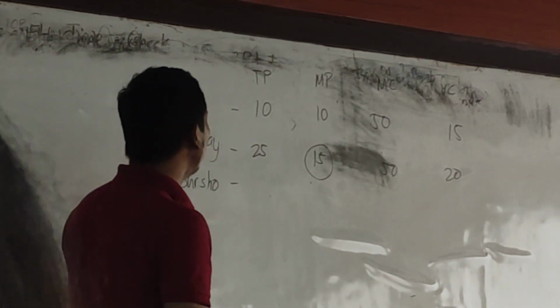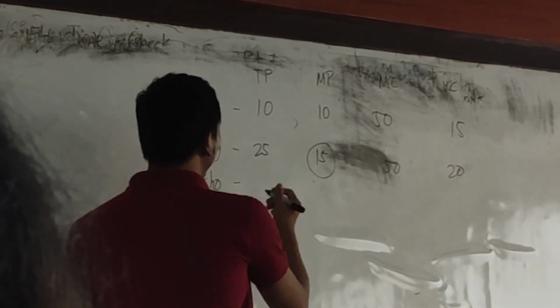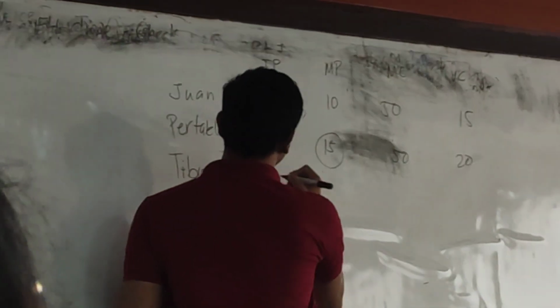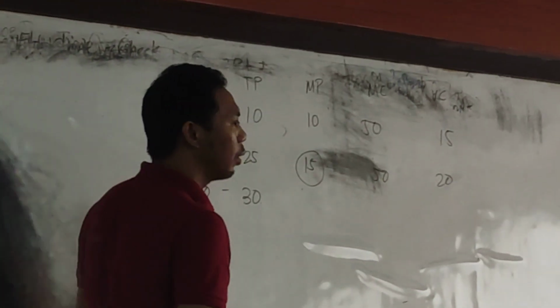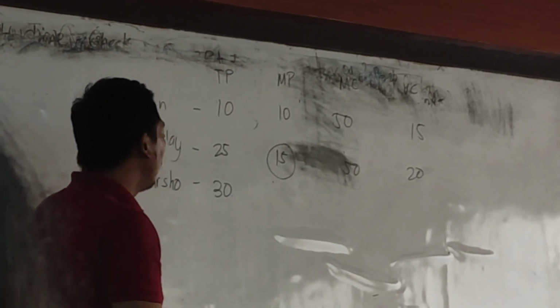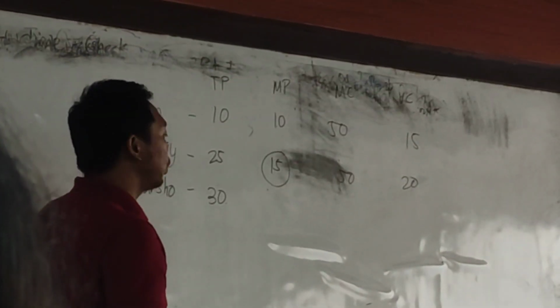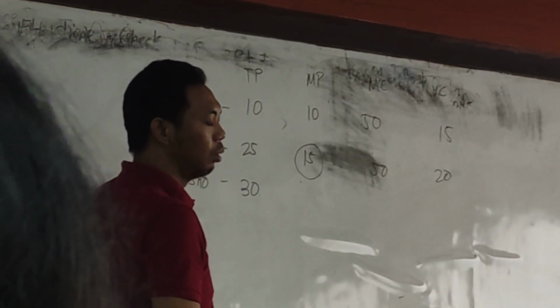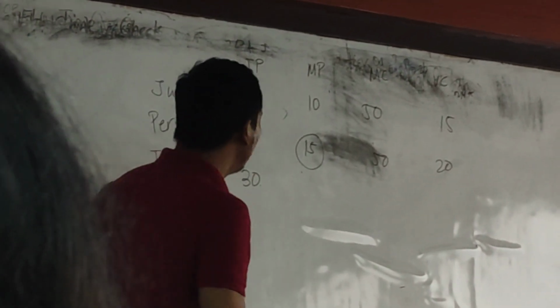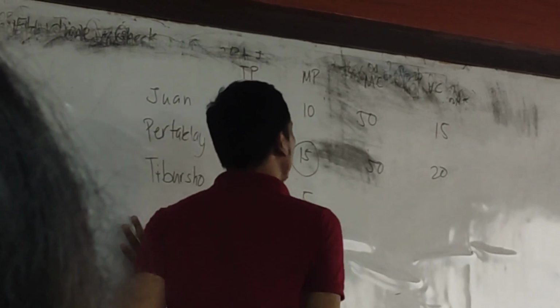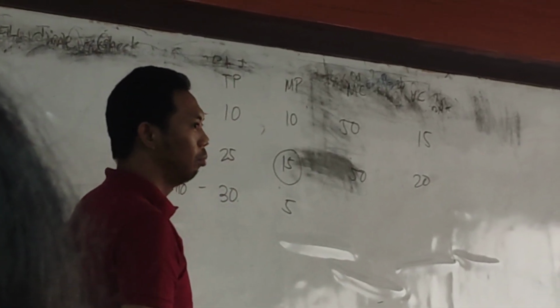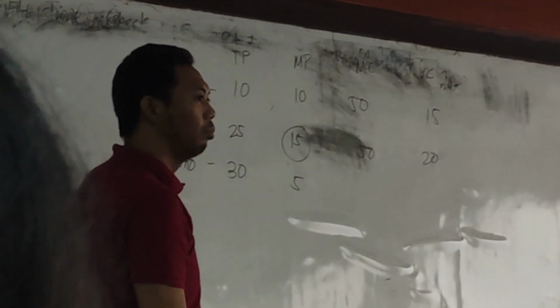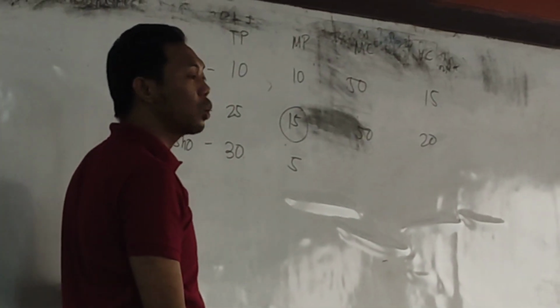So, all of them were able to come up with 30. So, how many were produced by the third worker? Thirty minus 25.